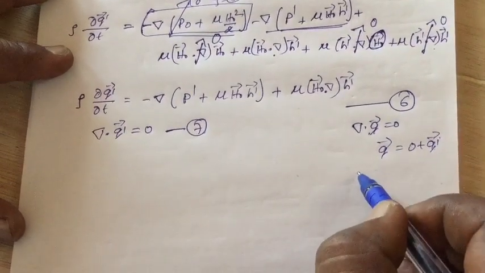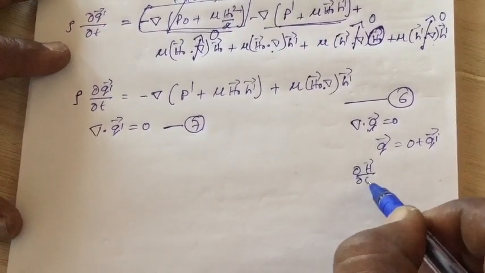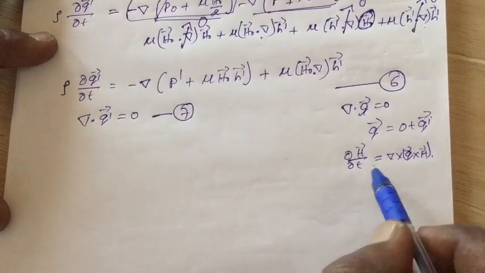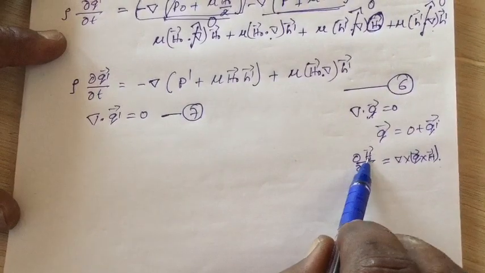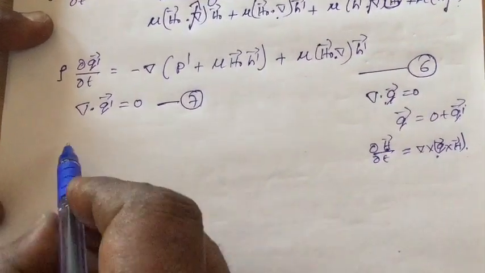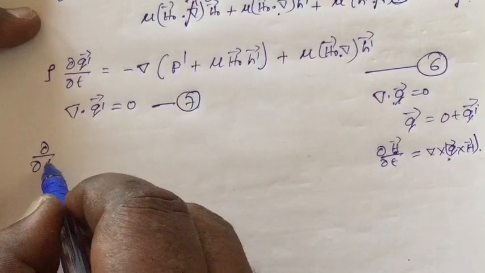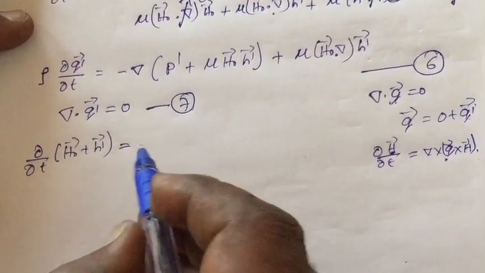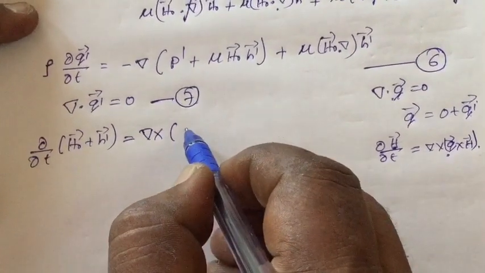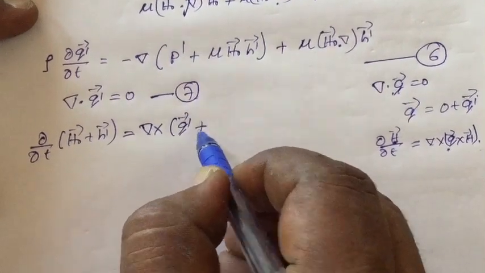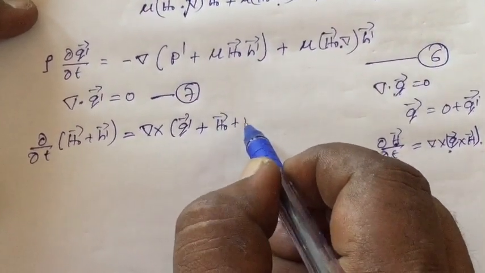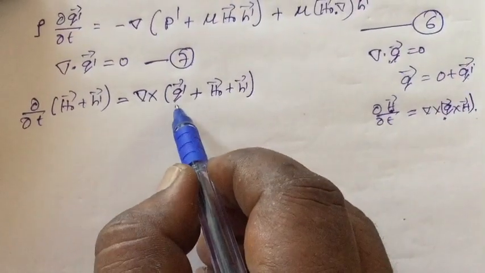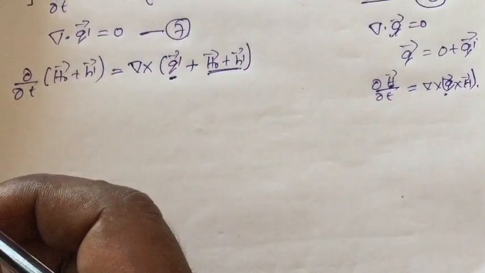Equation 3 is nothing but the magnetic induction equation, del h by del t is equal to del cross q cross h. Is it right? So now substitute the perturbed quantity of h and the perturbed quantity of q in this equation, then that will become del by del t of h naught plus h dash is equal to curl of q dash plus q naught cross h naught plus h dash. Okay, h naught plus h dash. So this is the perturbed velocity and this is the perturbed magnetic field.